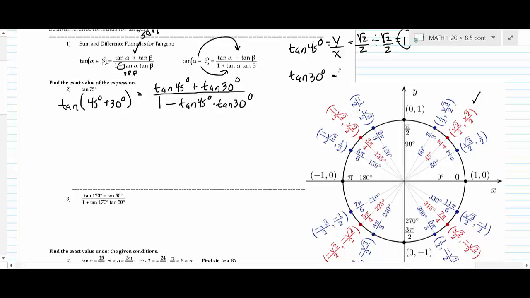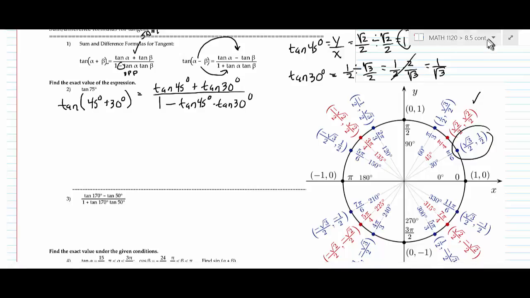Now, if you do the tangent of 30, you're looking at this point, so you're doing y, which is a half, and dividing that by root 3 over 2. The 2's cancel out. You can do this in your head, but what I'm doing is multiplying by the reciprocal, so I get 1 over root 3. I would go ahead and rationalize that before I plug into my tangent formula because it'll make it a little easier.